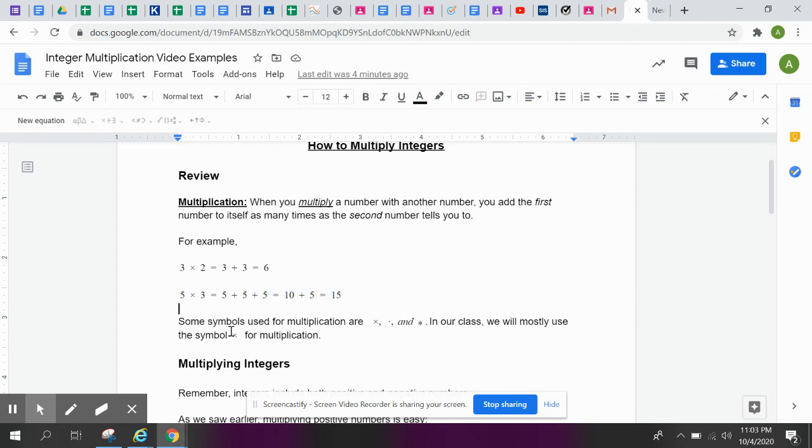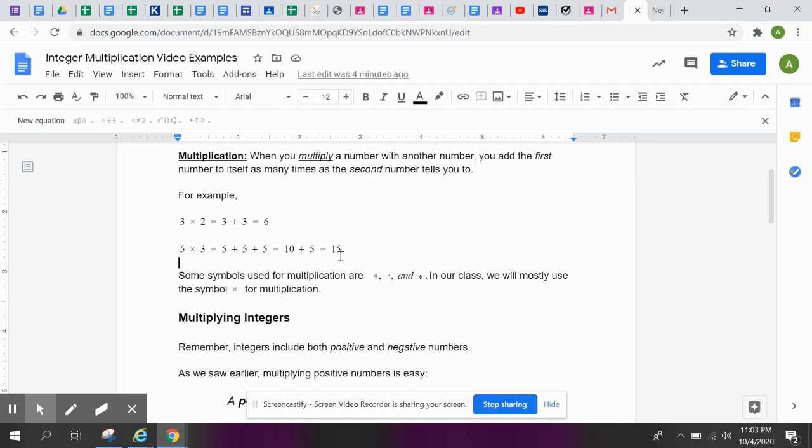Some symbols that might be used for multiplication include the X symbol seen here, the dot symbol seen here, and the star symbol seen here. In Ms. Collins's class, we are going to use the X symbol for multiplication.